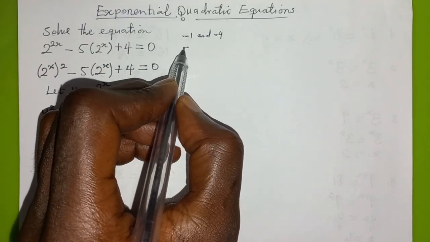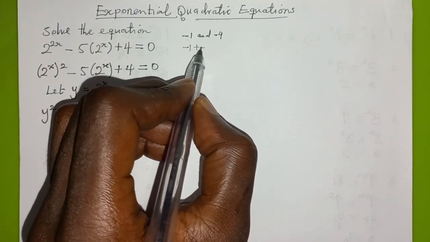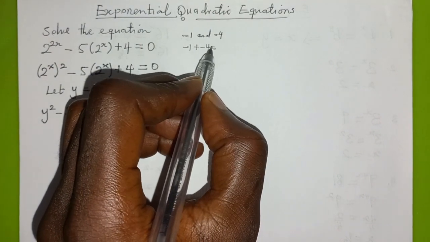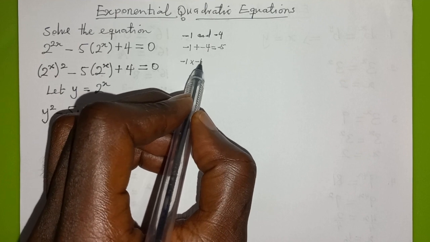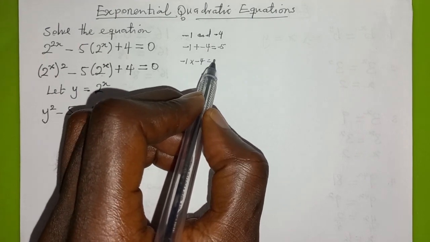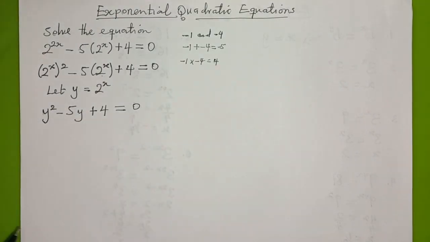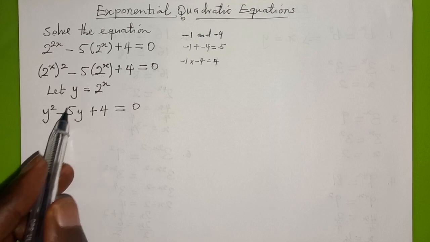When we add these two numbers, we should get a negative 5. And when we multiply these two numbers, we should get positive 4. So those two numbers are negative 1 and negative 4. So we are going to replace them by this 5 that we have in the middle here.